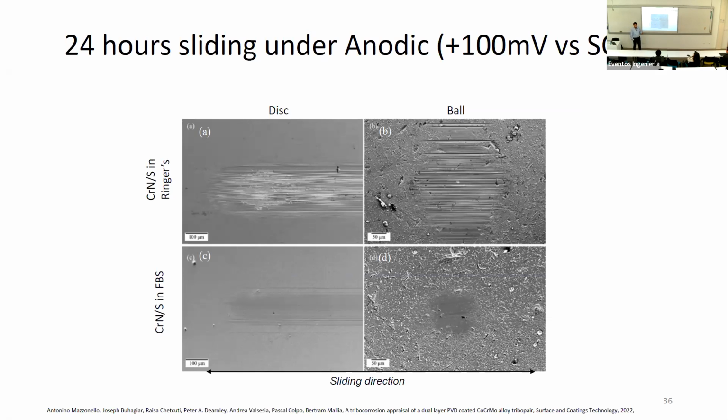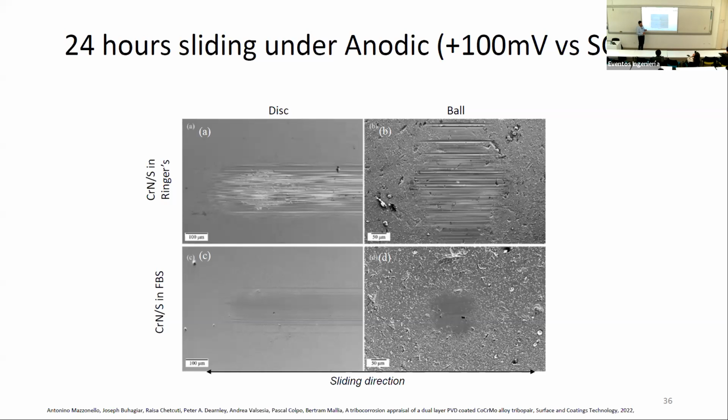So now, the interesting question is, yes, these coatings in fetal bovine serum, which better mimics what is inside the body, are getting much better performance. But what will happen if we test for even longer and longer periods and the top layer will thin and thin and thin?